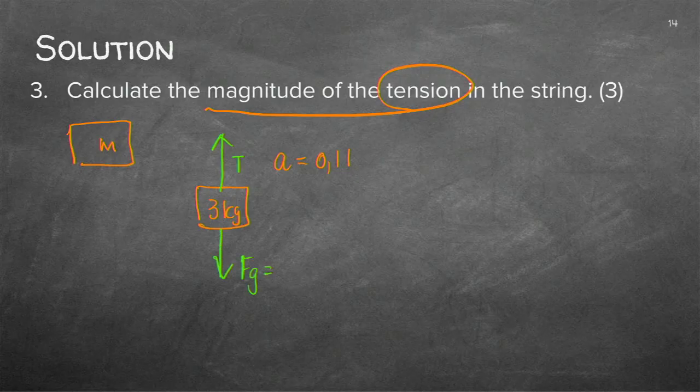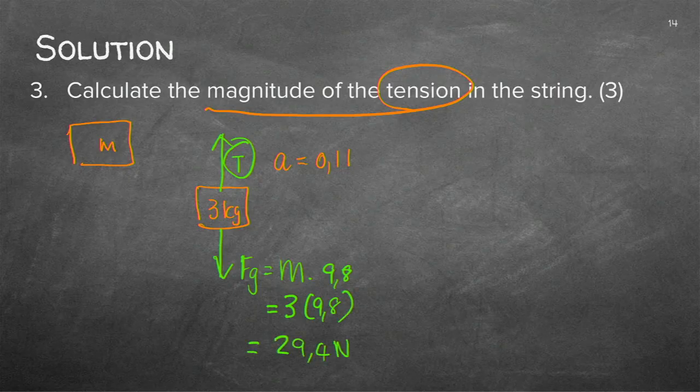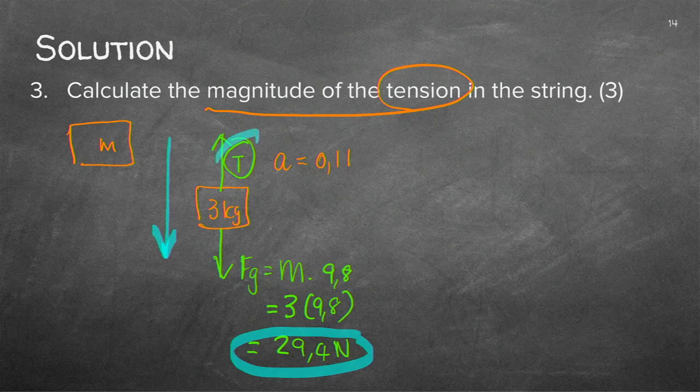So let's work out the tension T. That is 3 times 9.8, which gives me a value of, let me just write it down, 29.4 newtons. In which direction is the system moving? Quickly have a look. It's moving downward. Therefore, this is greater than T.